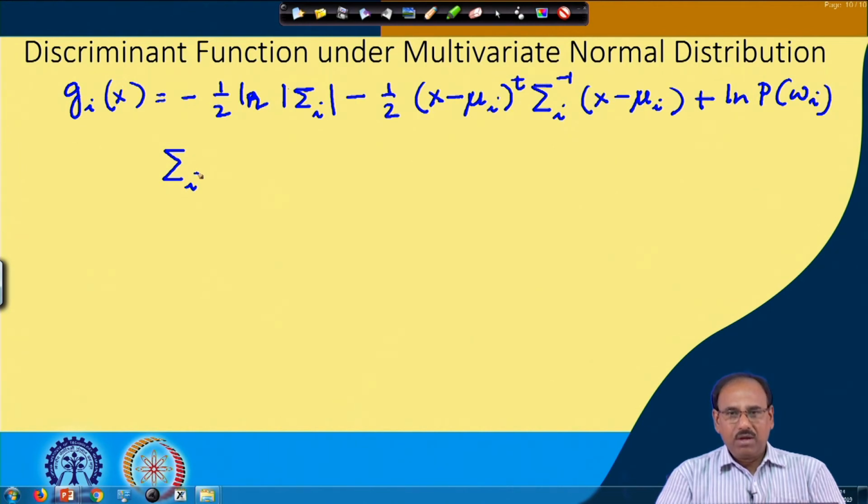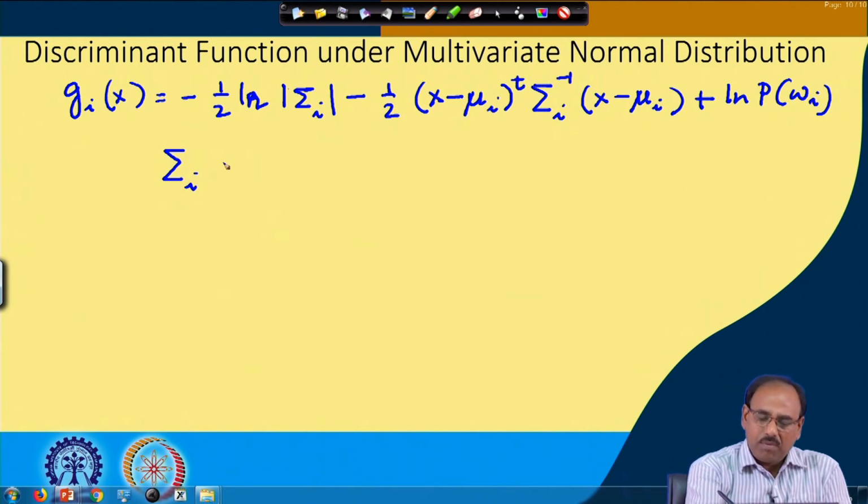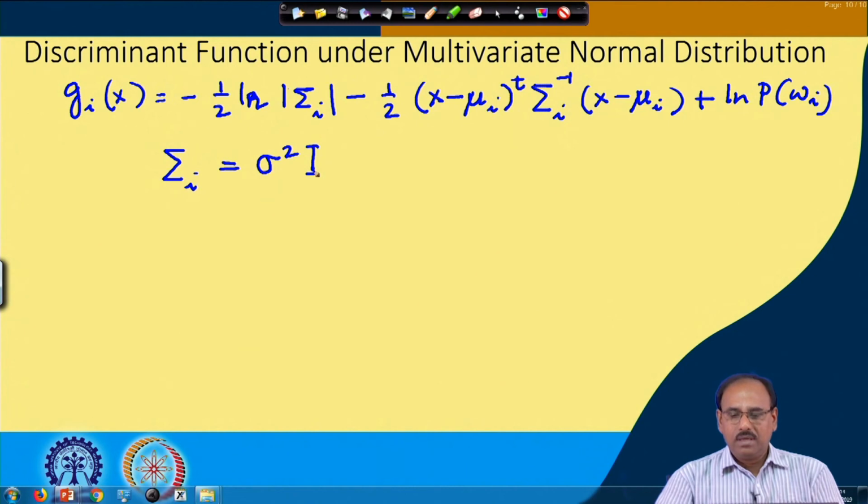And if every component has the same variance, then this covariance matrix sigma I will be of the form sigma squared I.